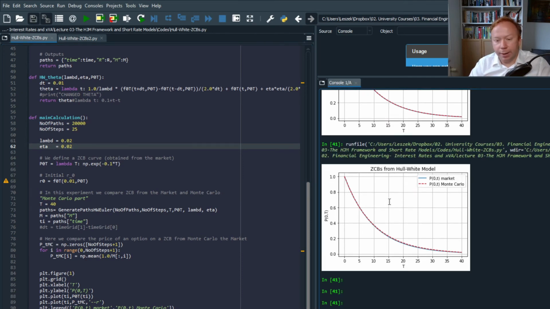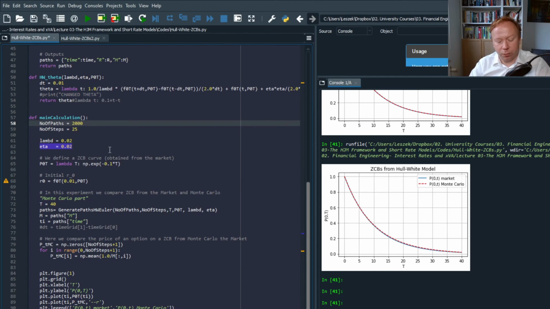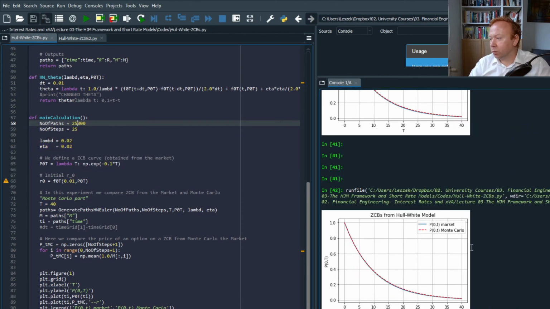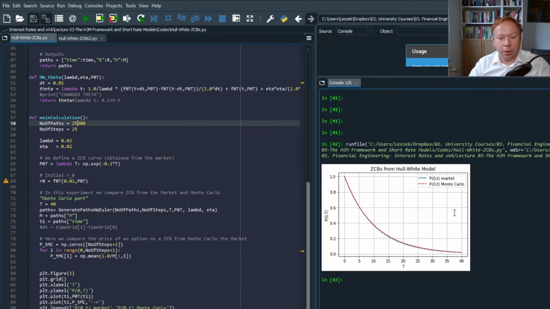This could be related to the larger volatility with the same number of Monte Carlo paths. But if I increase the number of Monte Carlo paths, this would be better. So again, we have 2 degrees of freedom. We have 2 parameters that we can use to calibrate, and the Hull-White model will be ensuring that the yield curve is always perfectly calibrated.